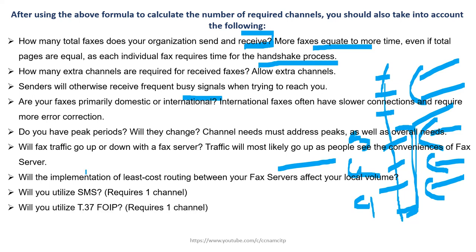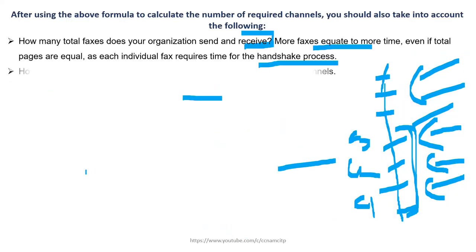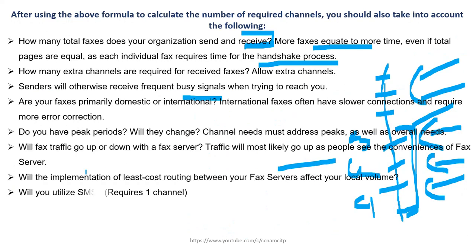And will you utilize T.37 fax over IP, which requires one channel? So these are the other considerations you have to think about and plan, and all these come under channel capacity planning. So guys, I hope I have given you enough information about how to plan channels.